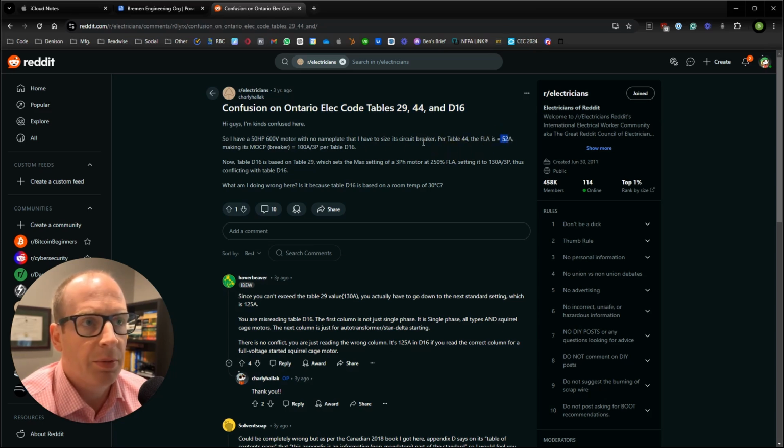So they're looking it up using the horsepower to FLA conversion table, which tells them that it's 52 amps for their motor. Table D16 is based on 29. Yes, correct. What am I doing wrong here? And then since you can't exceed Table 29, you actually have to go down to the next setting.